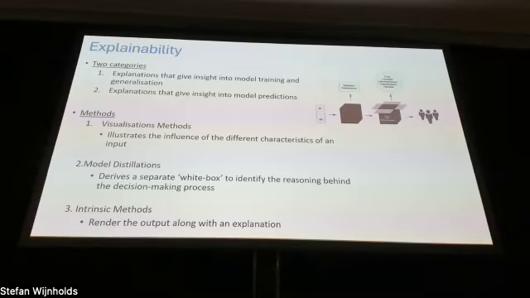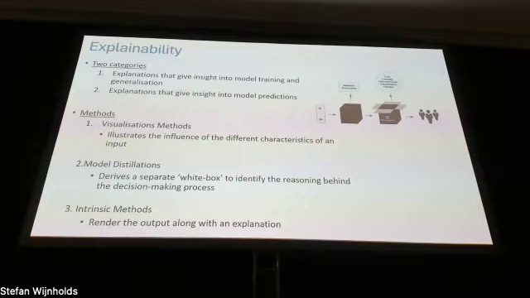The second one is model distillation. Instead of using the whole input, it tries to break it into chunks, which translates the model from a black box into a white box that is more easily interpretable for understanding the decision-making process.